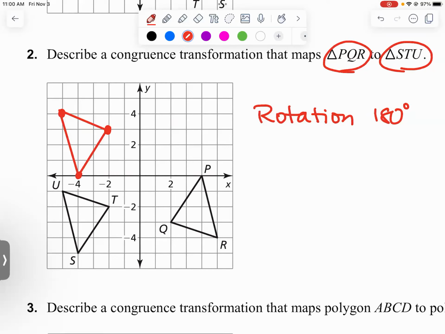Okay, there is my 180 degrees. Then what would I have to do with that red one? Translate it what?